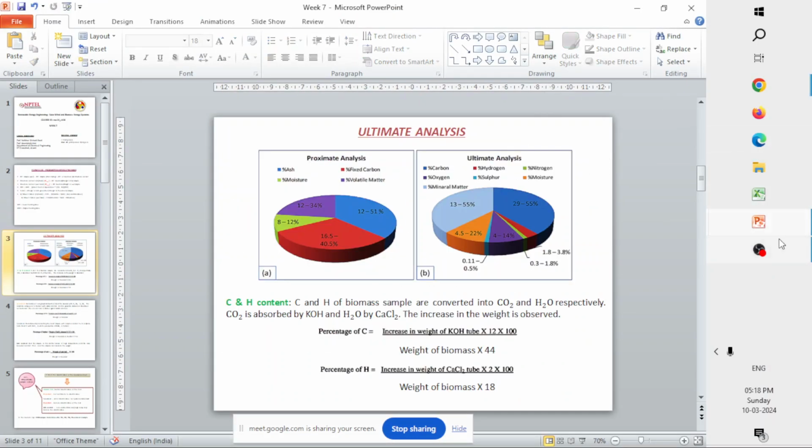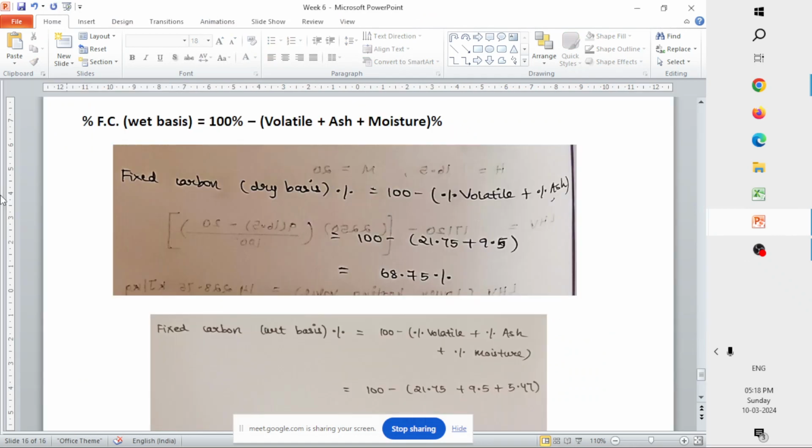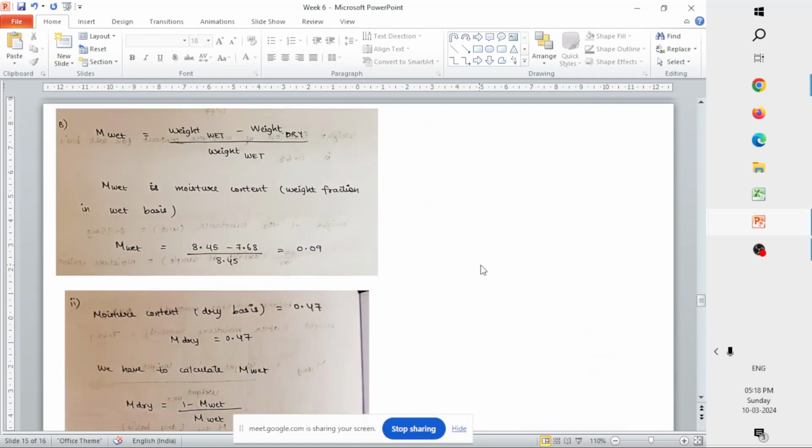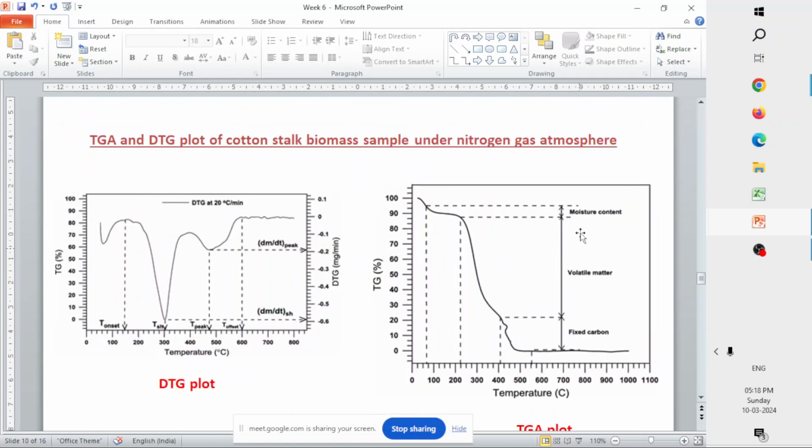If you remember, let me just show that week 6 presentation. Yeah, here. Once you start increasing the temperature of the biomass from room temperature to a higher temperature, the very first decrease in the weight will be designated as the moisture content.